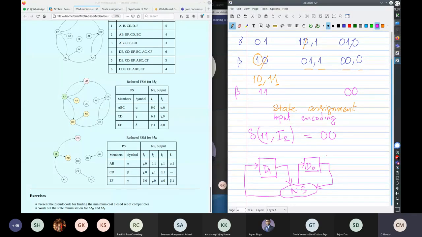So this is S0, S1, S1 dash. And very important is that you have the clocks here.